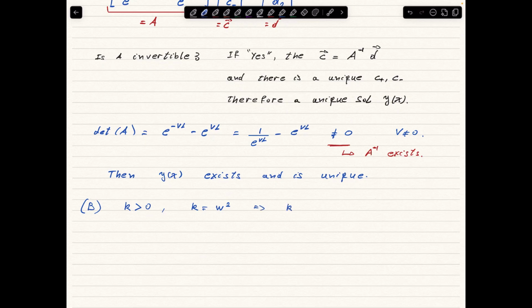So what we need to solve is the equation r squared plus w squared equals 0. And you see what is going to happen now. R squared is equal to a negative number. So the roots are going to be plus minus wi, which are complex.